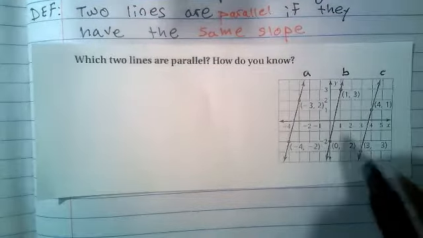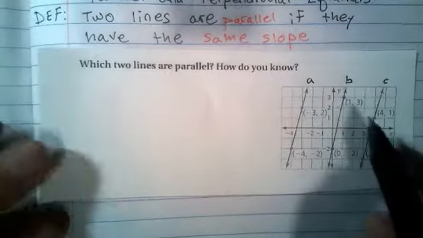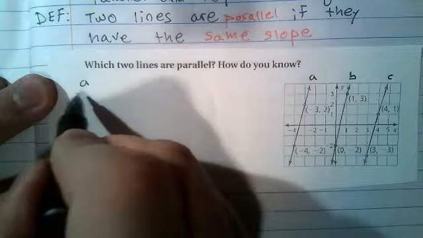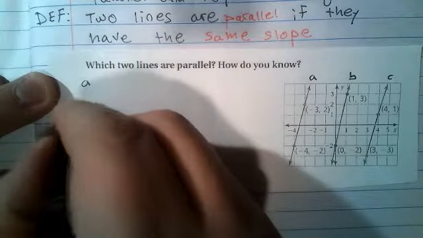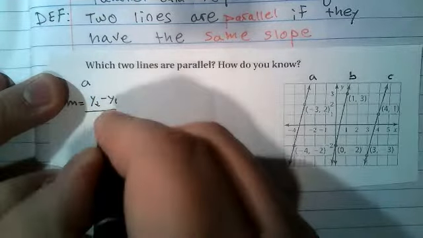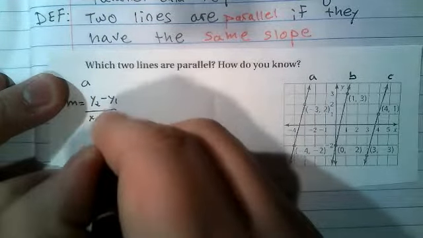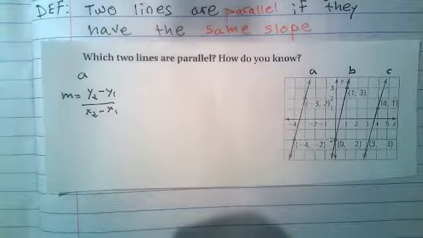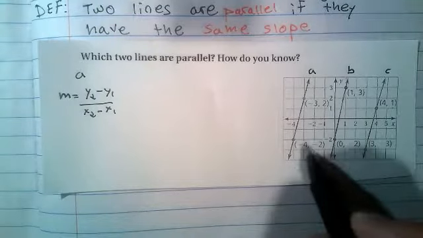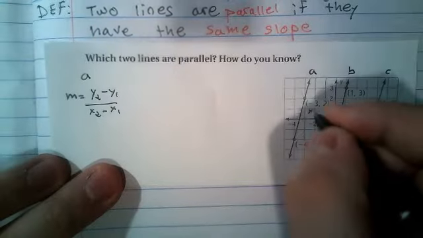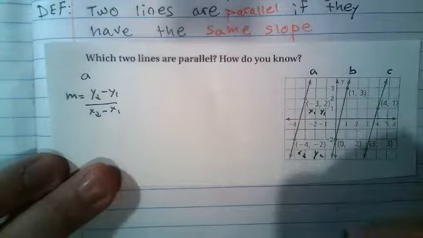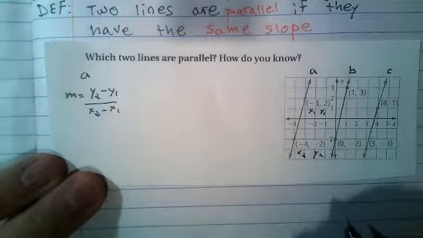Okay. First, we're going to find the slope of line A. So here's line A. My slope formula, y2 minus y1 over x2 minus x1. And I have my 2 points here. So this is my x1, y1, x2, y2. So I put that in my formula.